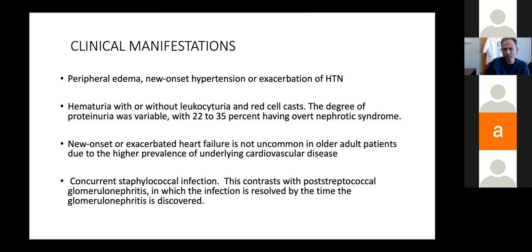This is somewhat different from post-streptococcus infection. In that case, very rarely do you see IgA deposit. With C3 deposit, you see IgG deposit. So there's a little bit of difference between the two conditions.